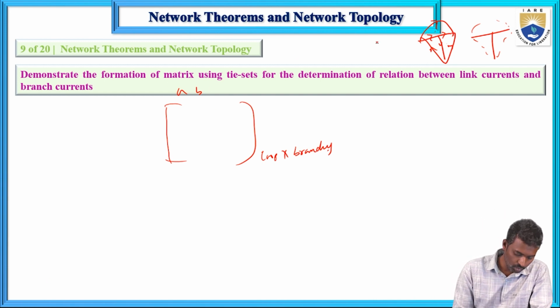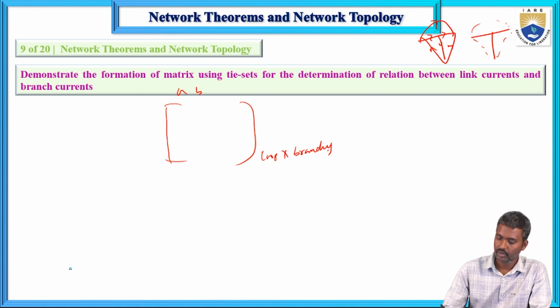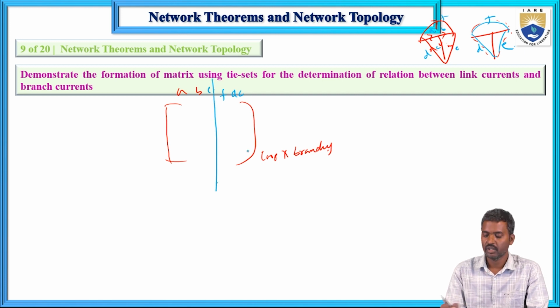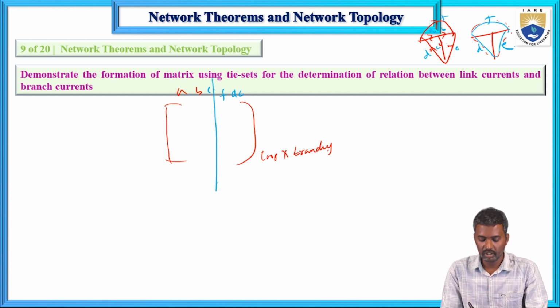Let me change the color over here. A, B, C, D, E, F. So A, B, C are the twigs, and D, E, F are links.